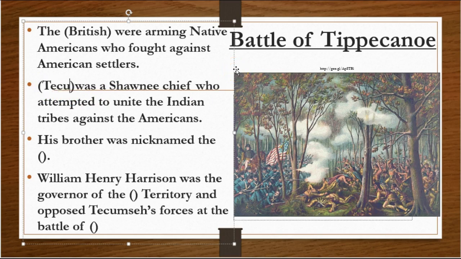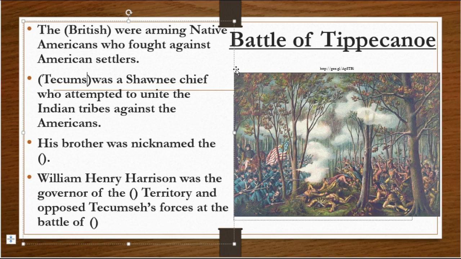His name was Tecumseh. Tecumseh was a Native American who realized that by himself, with his other tribes, he could not defeat the Americans. So he went up and down the Mississippi River Valley and the Ohio River Valley to try to unite multiple tribes to fight against the Americans.